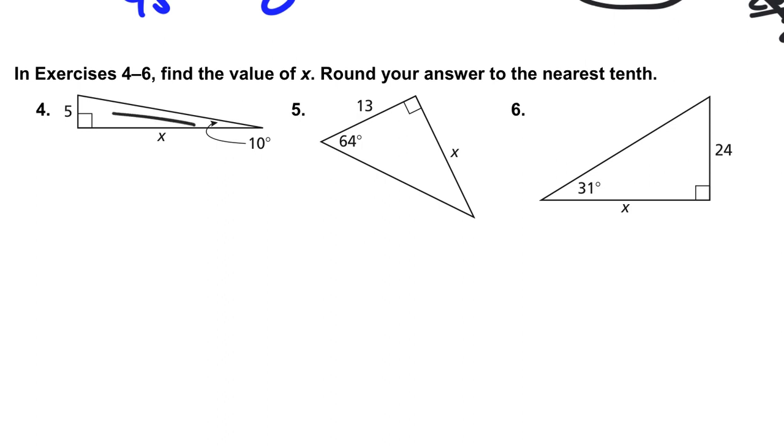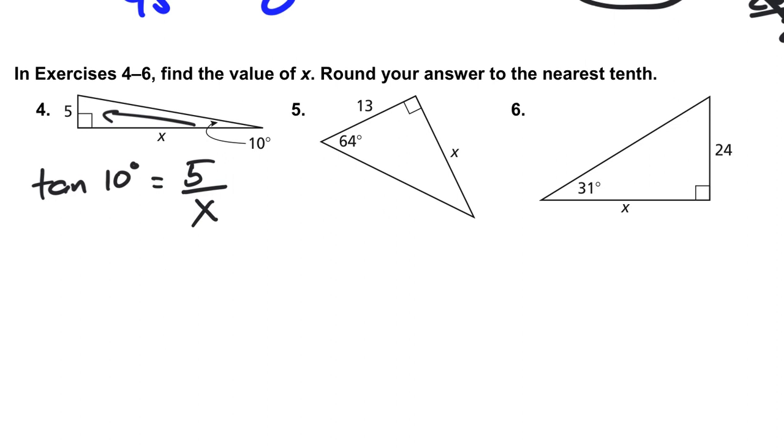So if I look at angle 10, my opposite is 5. So the tangent of any 10-degree angle is going to be equal to its opposite divided by the adjacent. Sorry, the opposite here would be 5. The adjacent is x. So I get to solve for this.